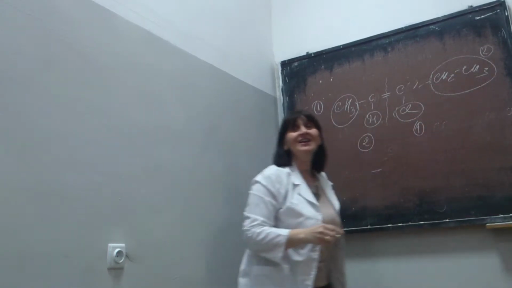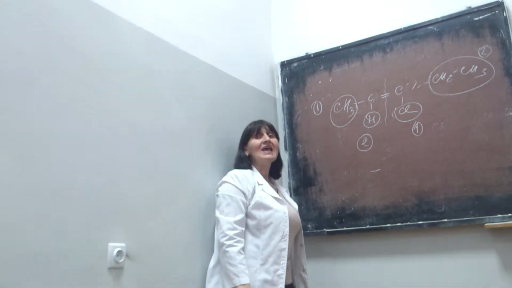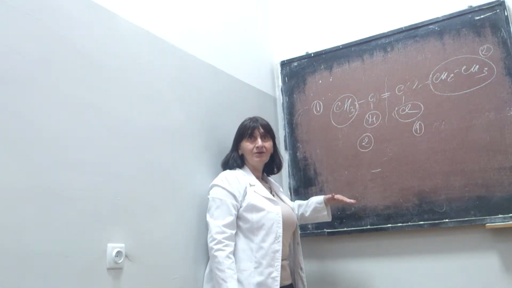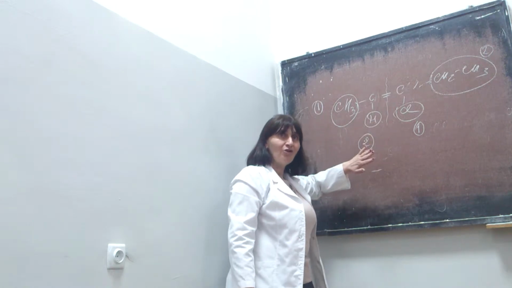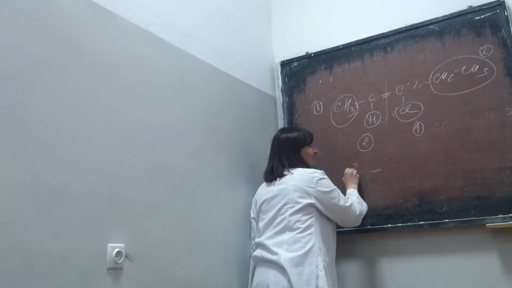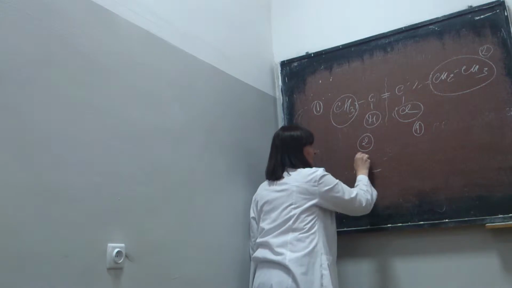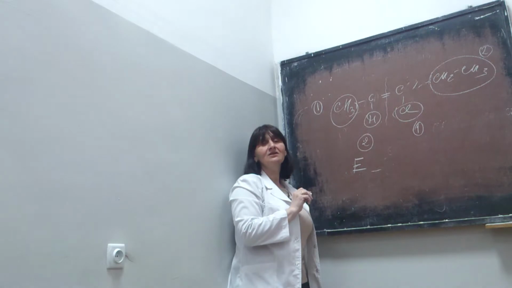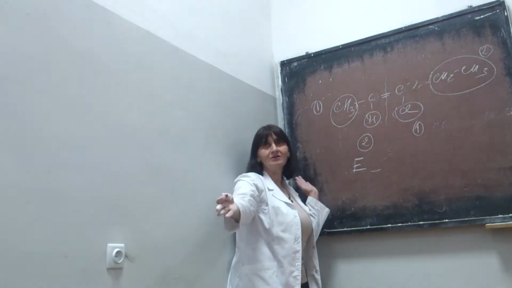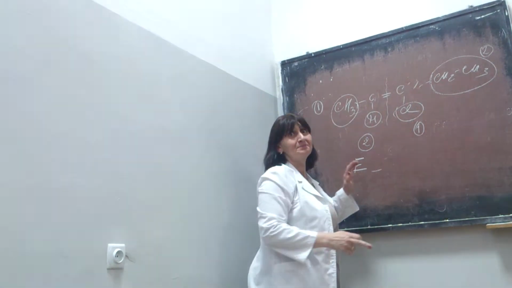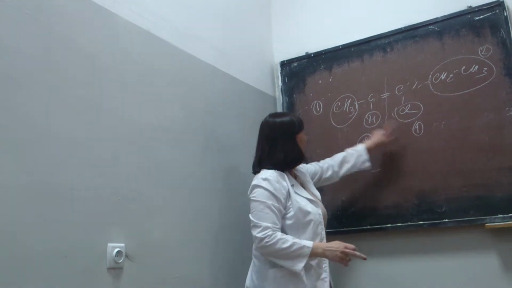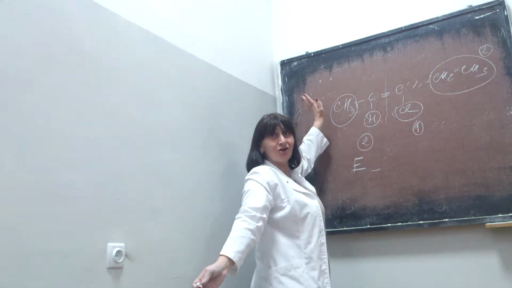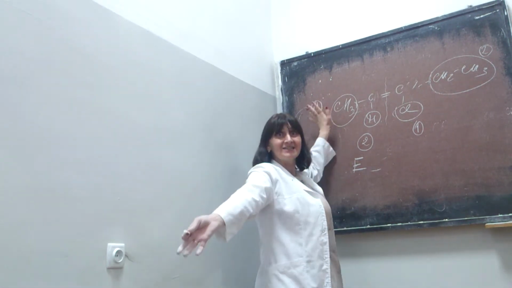Remember, if your same priority groups are on one side of the plane, you have Z isomer. E means Entgegen, from the German word meaning opposite. Look, 1 and 1 are on the opposite side, so it's Entgegen.